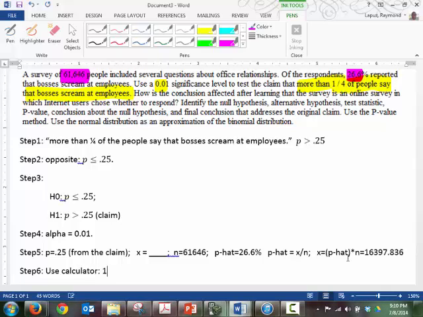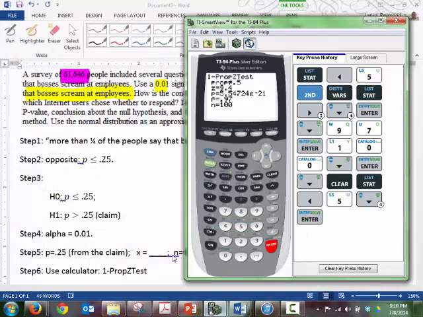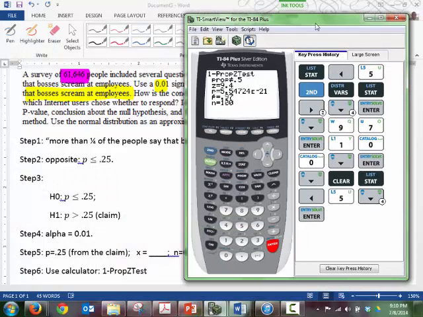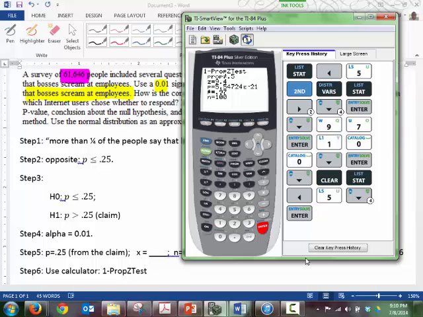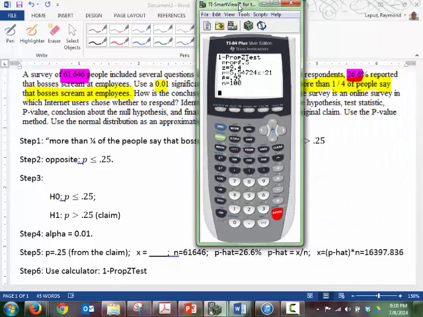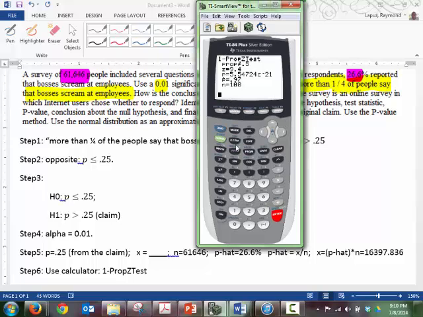Do one prop z test. So let's take our calculators out and take a look at that one prop z test business. All right, so stat, test, one prop z test.